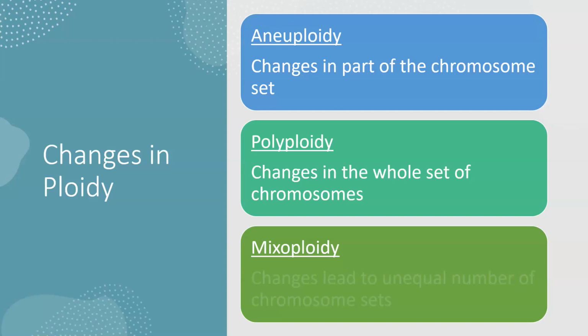Aneuploidy is the presence of an abnormal number of chromosomes in a cell that does not differ by one or more complete sets of chromosomes, while polyploidy is the condition in which a normally diploid cell or organism acquires one or more additional sets of chromosomes and has 3 or more times the haploid chromosome number.